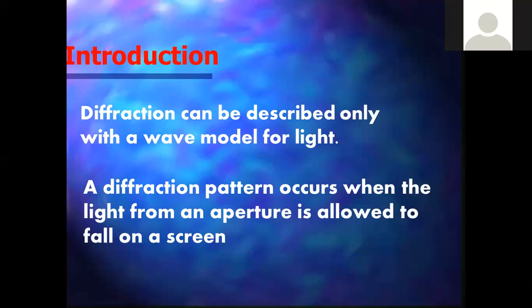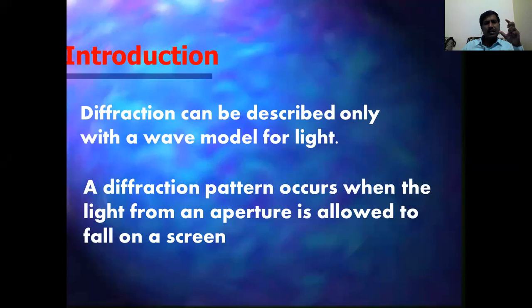When you turn on the light in one room, you can also see the light in the other room. There is a spreading of light in the other room through the door or window, right? So that spreading of light due to an aperture, slit or any obstacle is called diffraction.